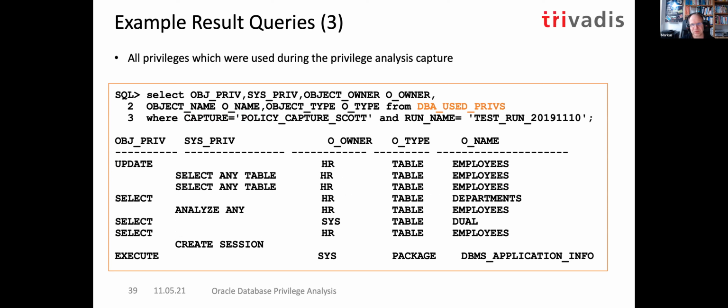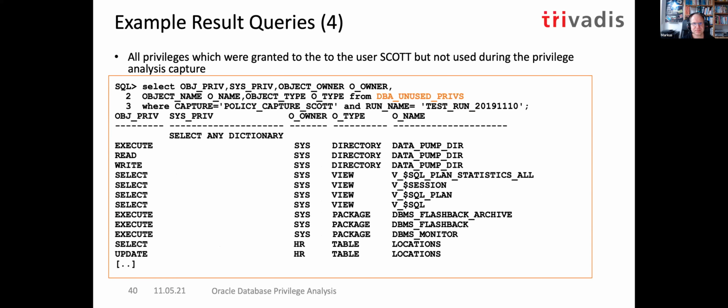DBA_USED_PRIVS is an overview which gives you all the privileges, object privileges and system privileges, basically the same information we had before, just in one query. DBA_UNUSED_PRIVS shows which privileges have been granted to the user Scott but were not used. There are a lot of grants to this object.